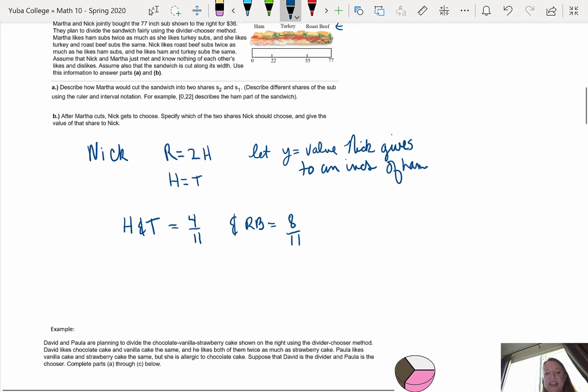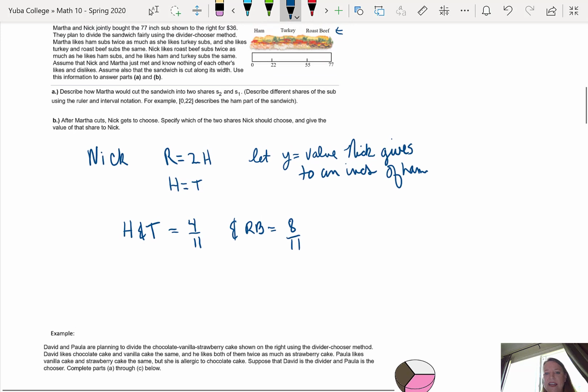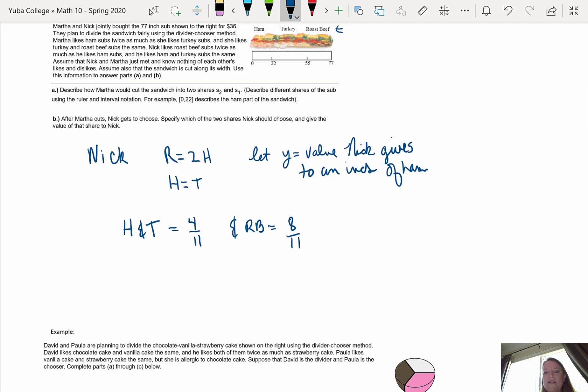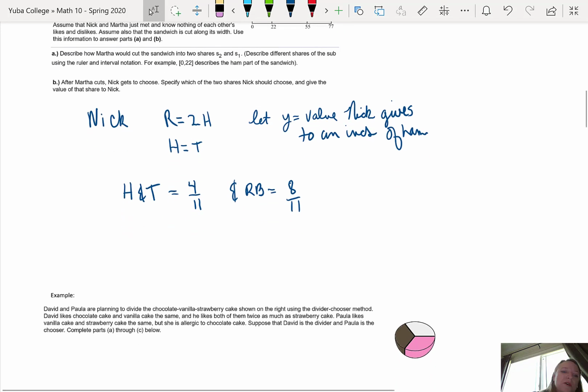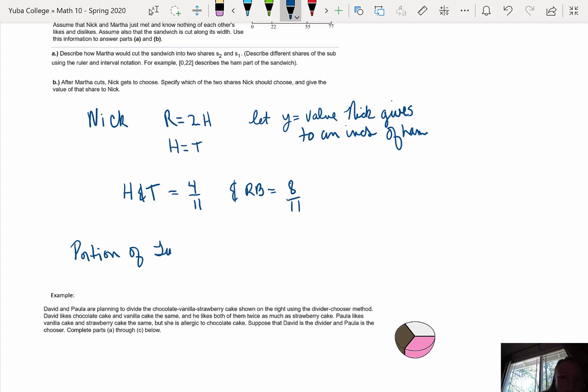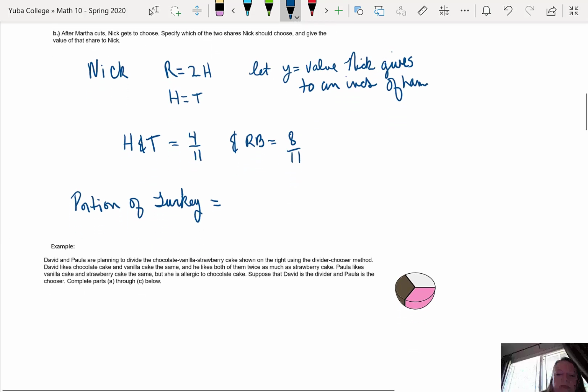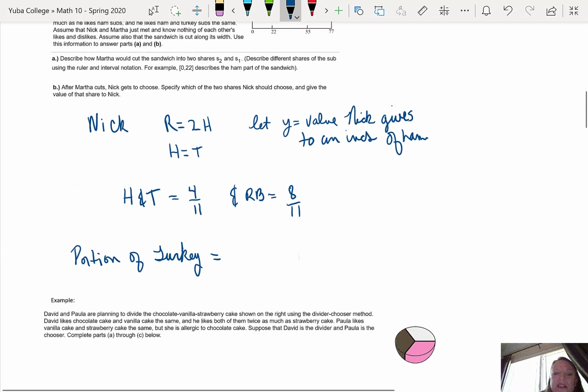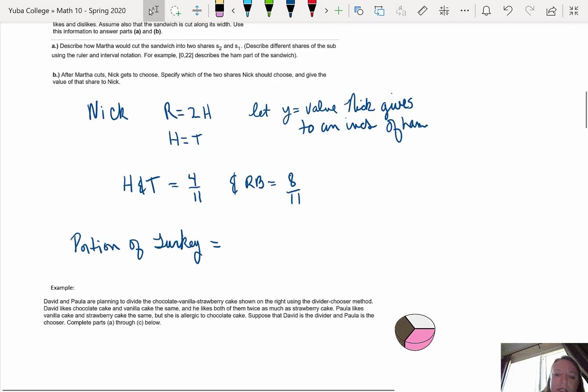So let's look at how much he gets. He doesn't get any ham, but he does get turkey. She goes out to 27.5 inches. So the portion of turkey is equal to, it stopped at the 55 inch minus, she started 27.5.